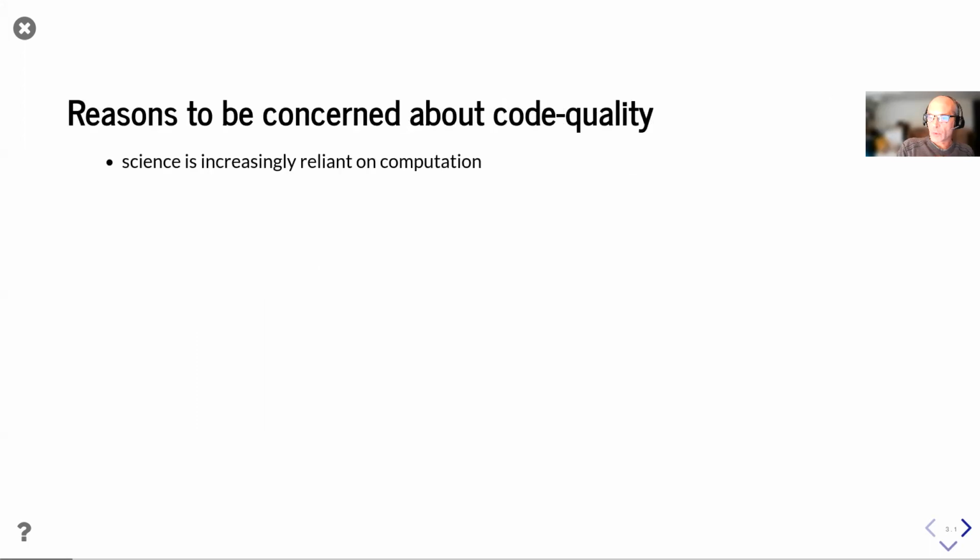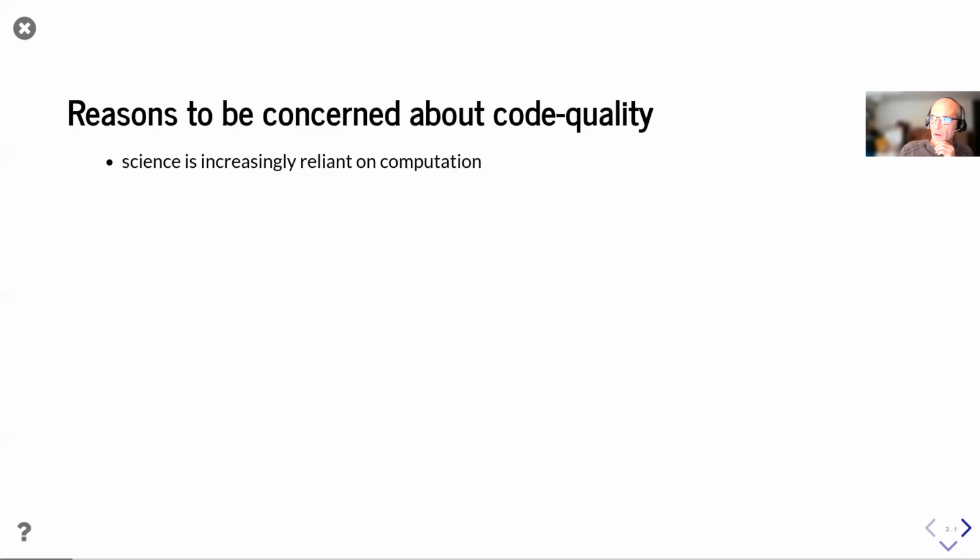There are numerous reasons to be concerned about the quality of code. I'm a scientist, and this course is targeted to scientists, although I hope the principles apply far more broadly than that. Science is certainly increasingly reliant on computation all the time.